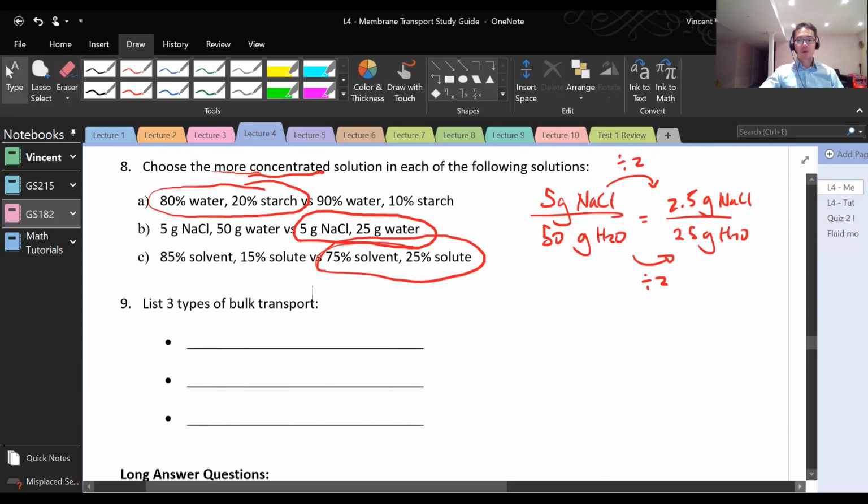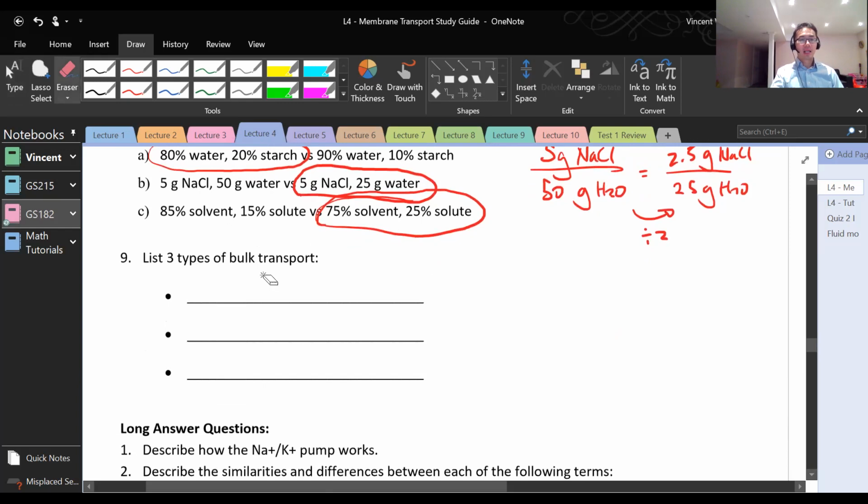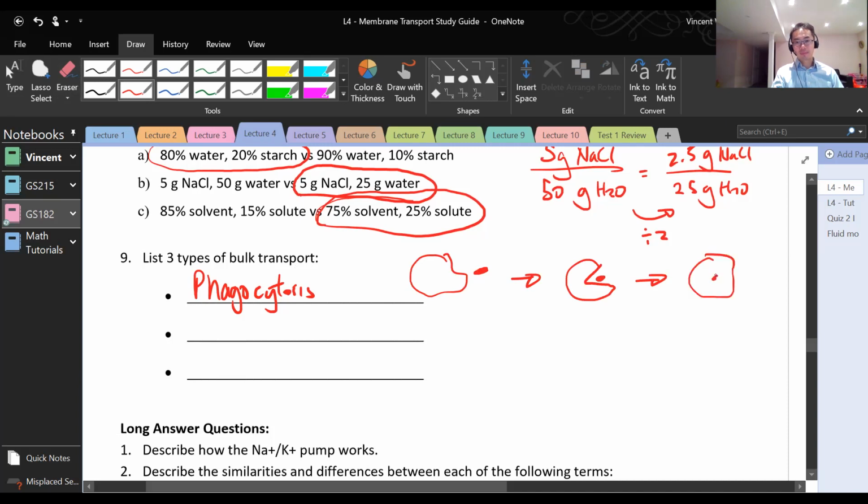Three types of bulk transport. We have phagocytosis. Okay, that's like cell eating. Right? When you have a white cell here, there's a bacterium. It eats it up, right? Like Pac-Man. That's phagocytosis, cell eating.